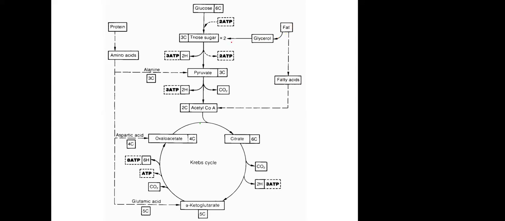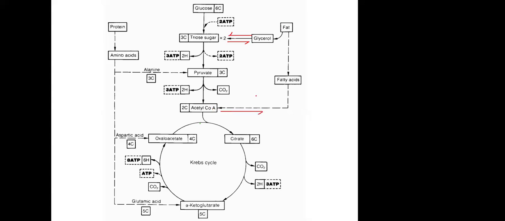Now, this is a two-way process, depending on the circumstances that the organism or the plant finds itself in. So if the plant wants to make lipids, it follows this pathway.